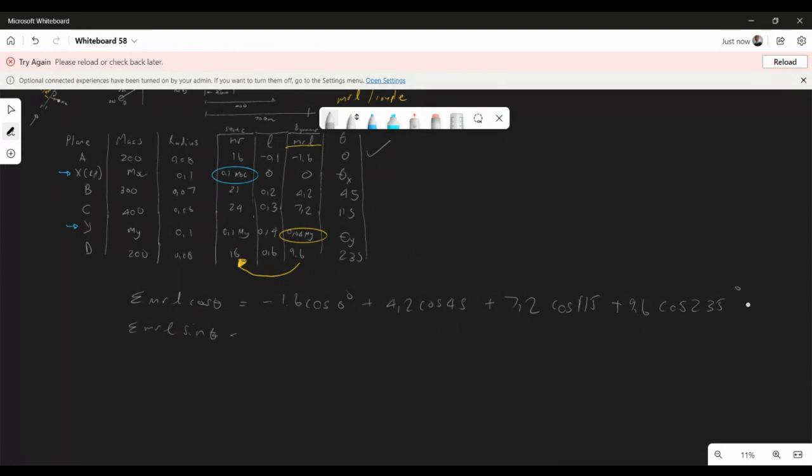We could have included them here and solved them simultaneously, but there is a better approach to solve this, which I will show you. This is just to solve for your MRL. Let's get the total of this, and can you also get me the sine part of it as well? You'll see how it all works out.